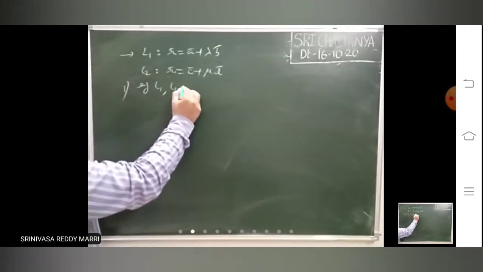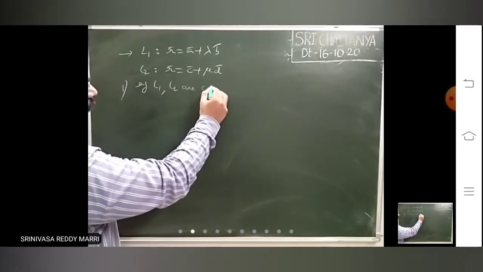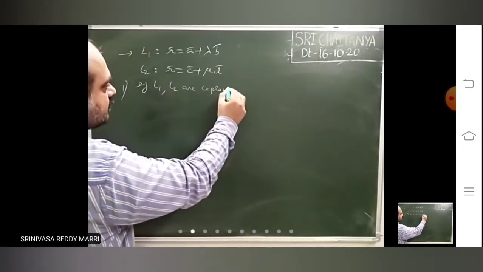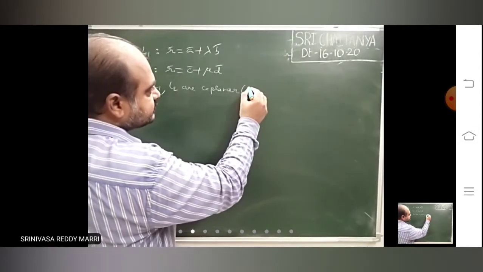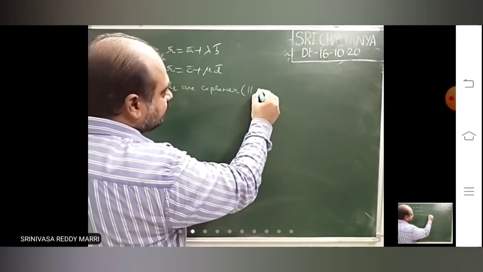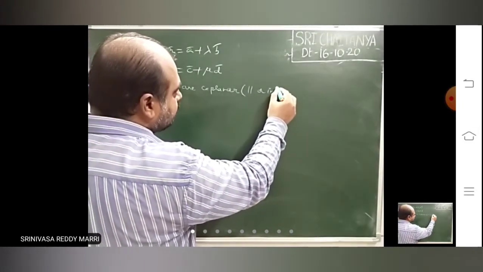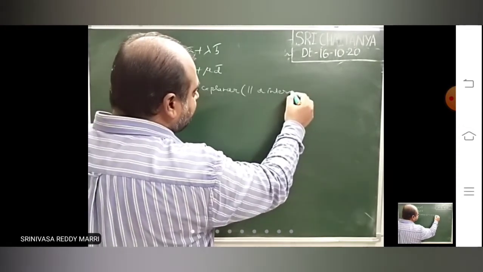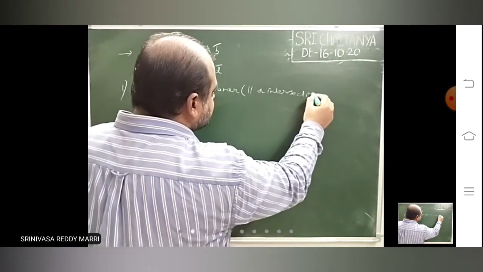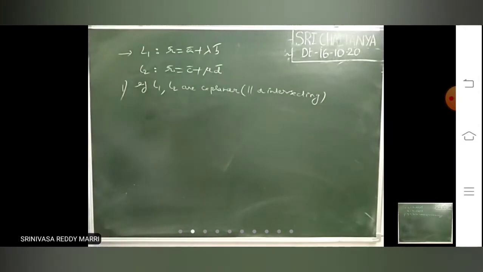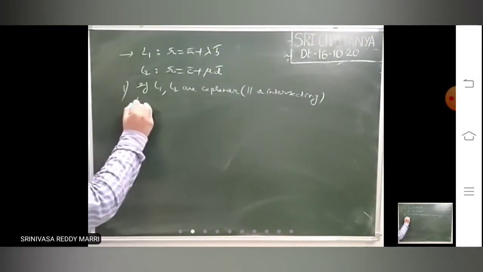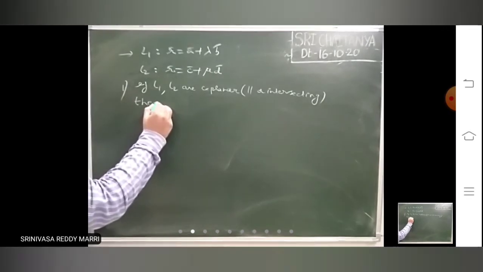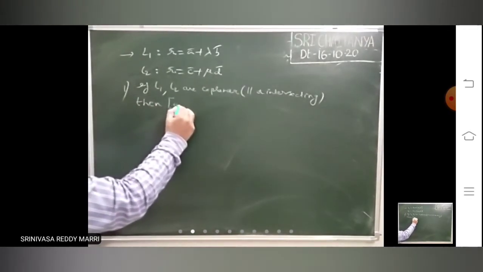If L1, L2 are coplanar, that means either parallel or intersecting. Coplanar means what? Either parallel or intersecting. Then what is the condition?